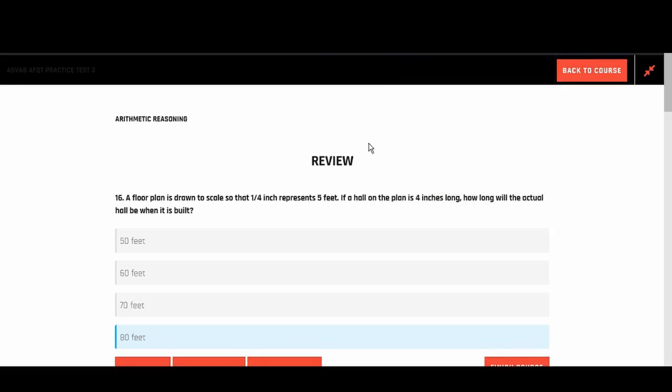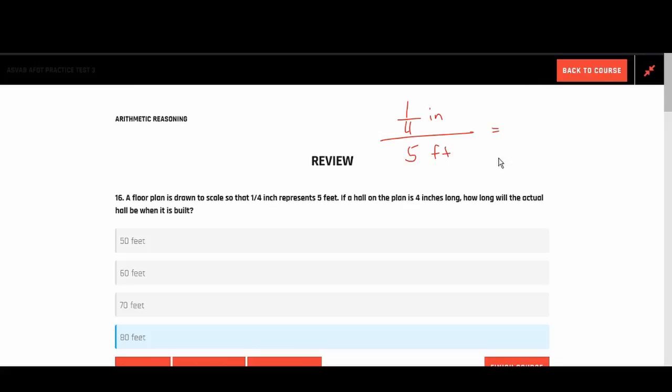Okay, number 16 says a floor plan is drawn to scale so that a 1/4 inch represents 5 feet. If a hall on the plan is 4 inches long, how long will the actual hall be when it's built? So again, this is another proportion problem. This right here is 1/4 inch per 5 feet, or represents 5 feet.